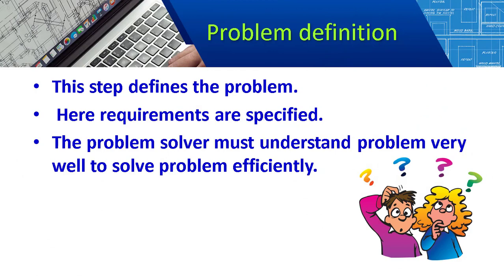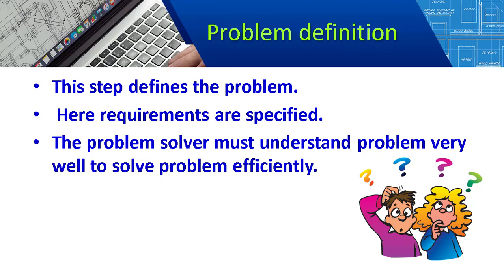The first step is problem definition. This is the step where we are defining the problem. So what is the problem? You should understand the problem, what type of problem it is. And here the requirements are specified. You should specify what is required to solve this problem.